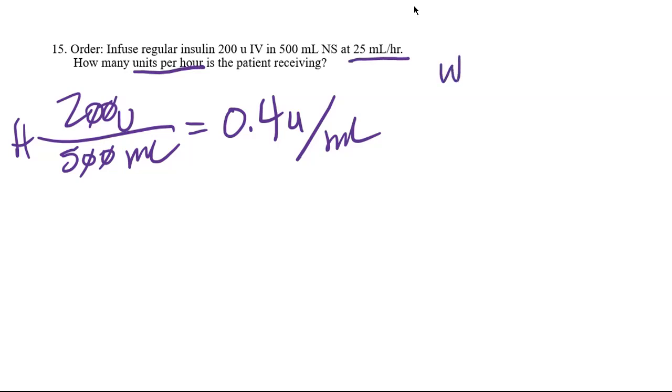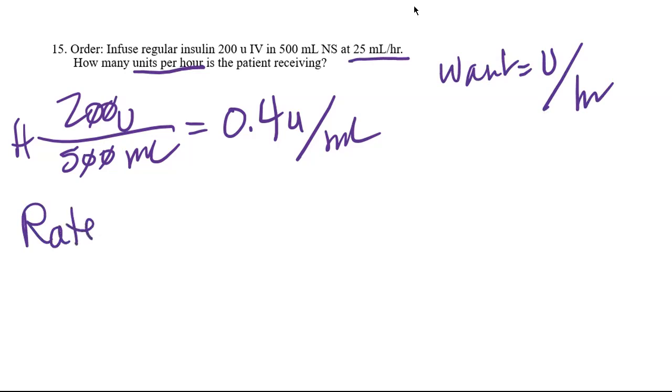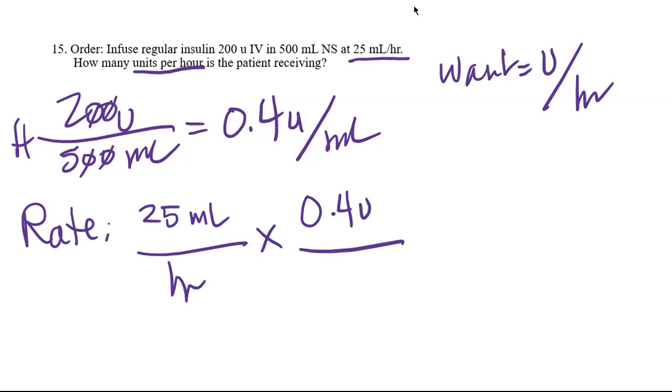So what we want is units per hour. We have what we have, and then we have the rate. The rate is 25 mLs per hour. And then we want to do 0.4 units per mL. We cross out the mLs, and we have units per hour, which is exactly what we want.